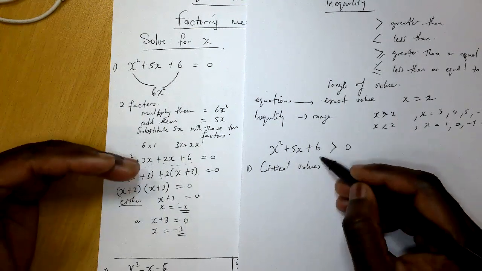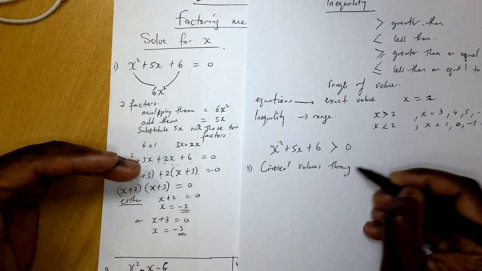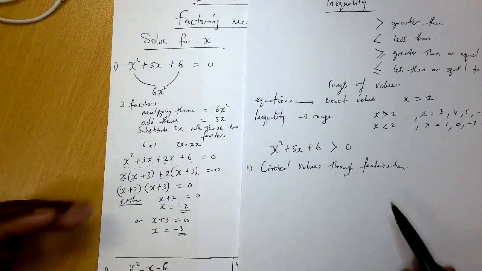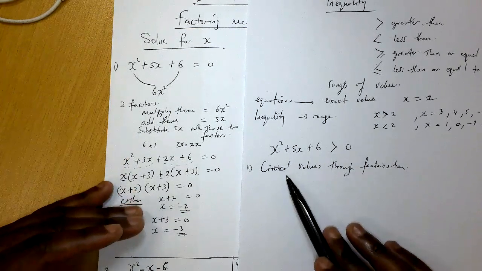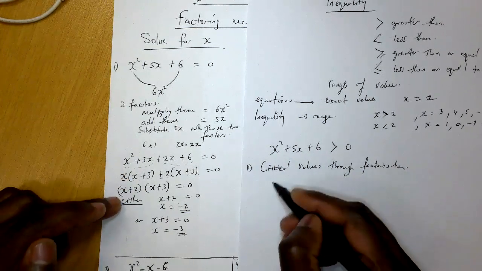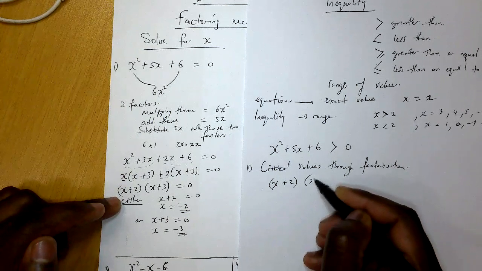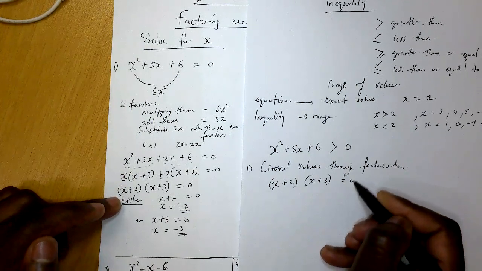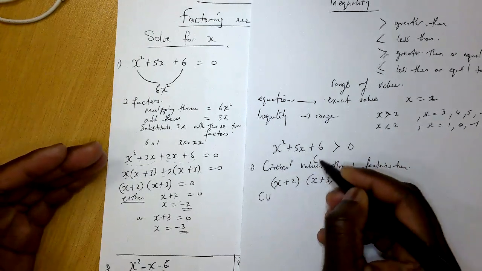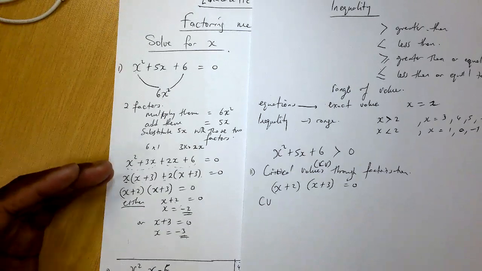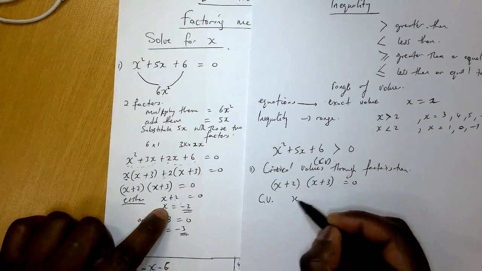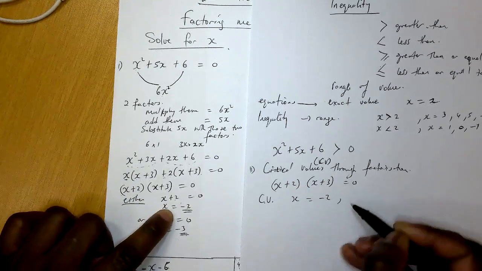Through factorization, you are going to solve for the value of x. So you need to come up with your factors: x plus 2, x plus 3 is equal to 0. Then your critical value, which is the same as CV. Okay, so critical values here are x equal to negative 2 and what?